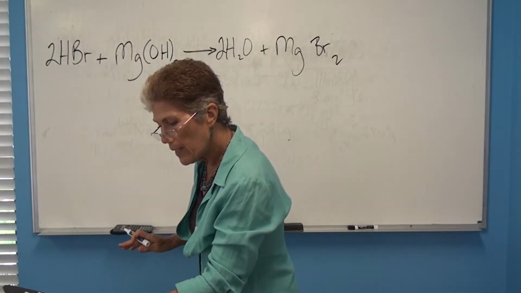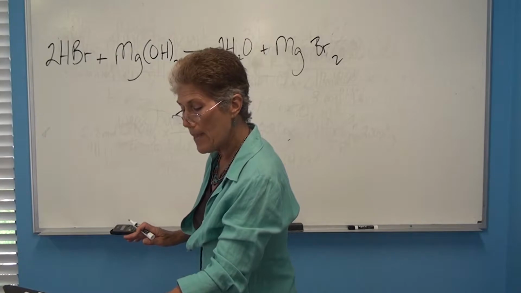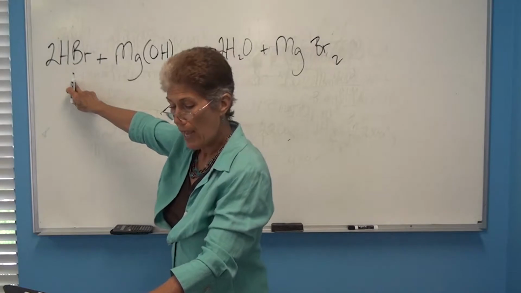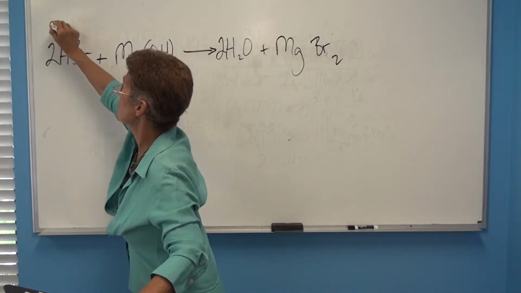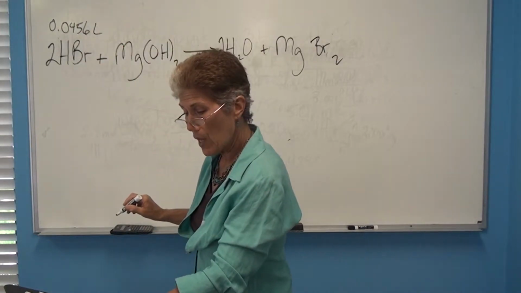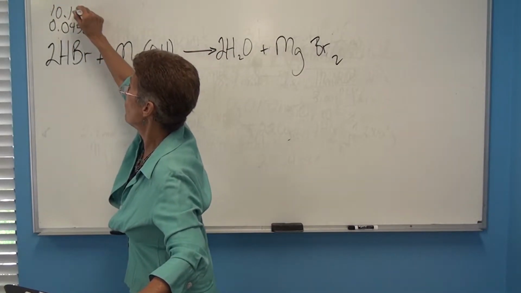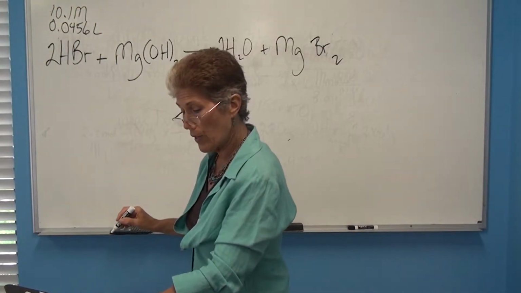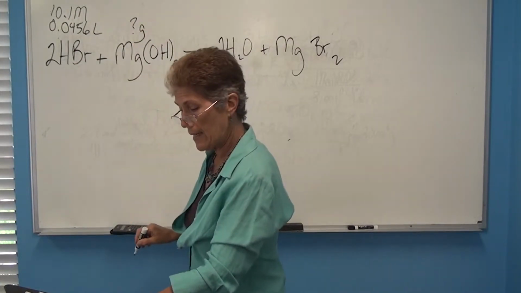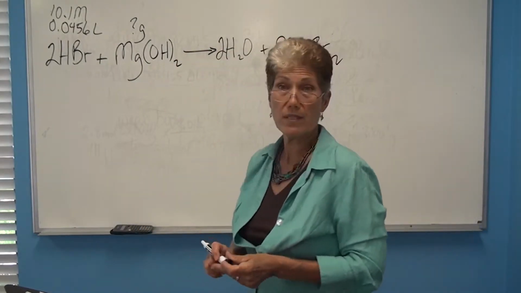Now, we're going to go ahead and put in the given. We have 45.6 mils of this. I'm going to go ahead and make that into liters. And so I'm going to move my decimal place back 3, 0.0456 liters. And then I have 10.1 molar of that to start with. How much magnesium hydroxide do I need to neutralize it? Okay, in grams, that's what it asks for.